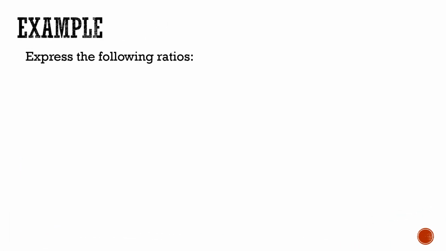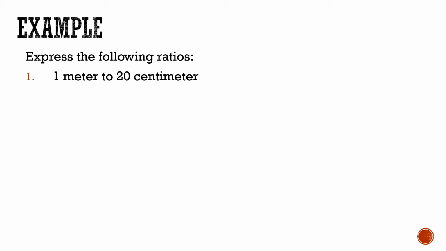Example, express the following as a ratio. 1 meter to 20 centimeters. Remember, in converting a word problem into a ratio or a mathematical equation, we convert the bigger unit to the smaller unit so that our answer will not become a decimal.